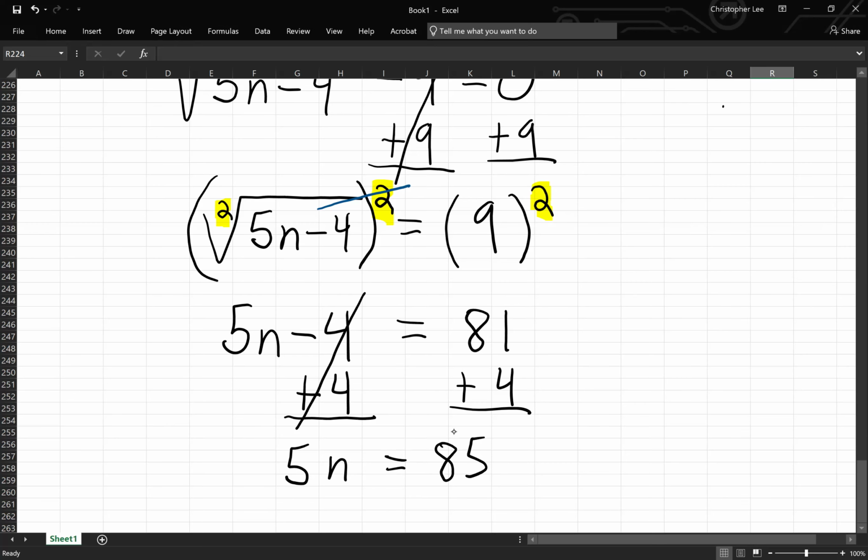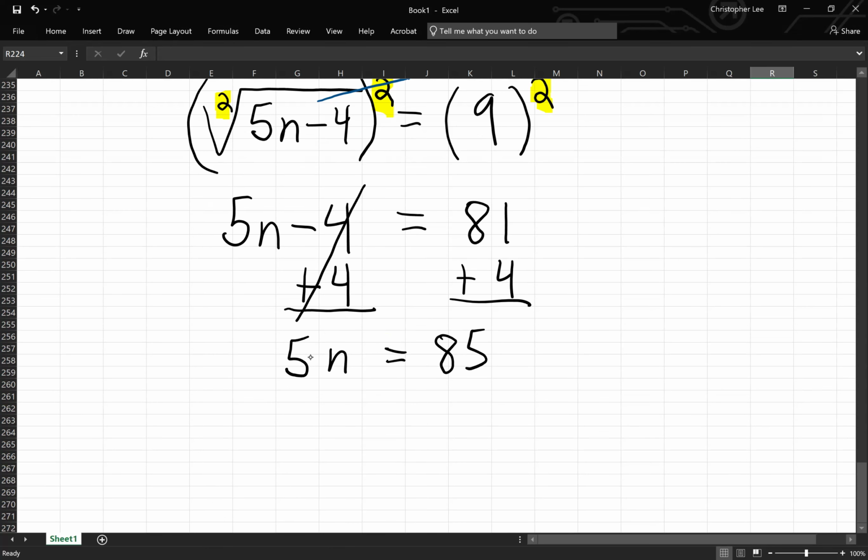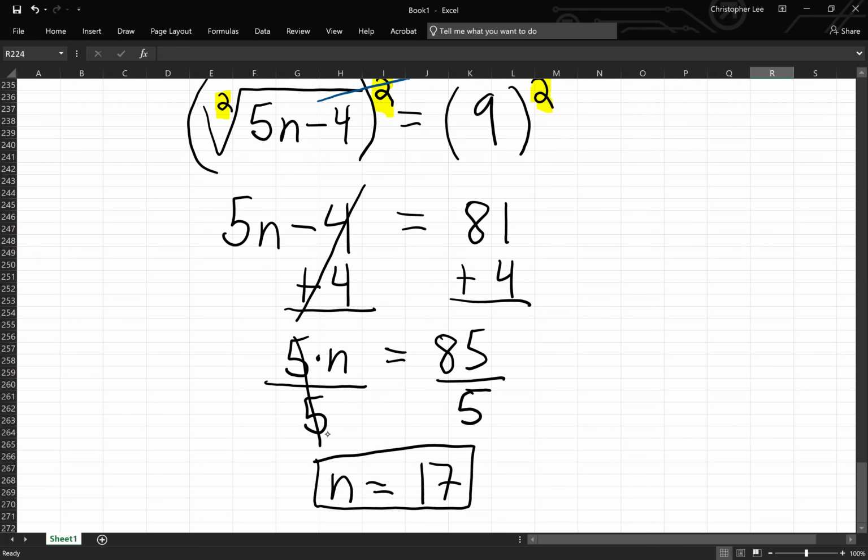What should I do after that? This is like 5 times n, so the opposite of multiplication is division. I'm going to divide by 5 here. What I do to one side, I have to do to the other. So now, little calculator, n is equal to 17. And then that's it. n is equal to 17.